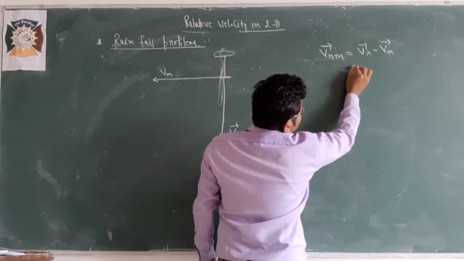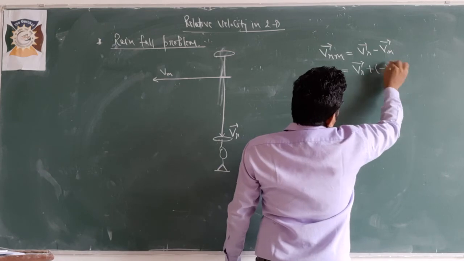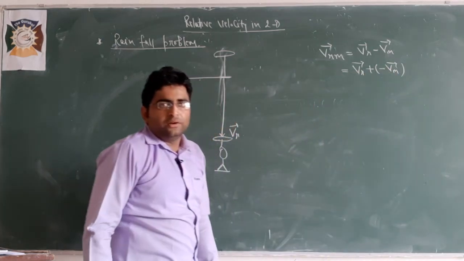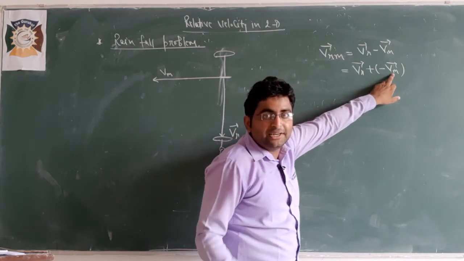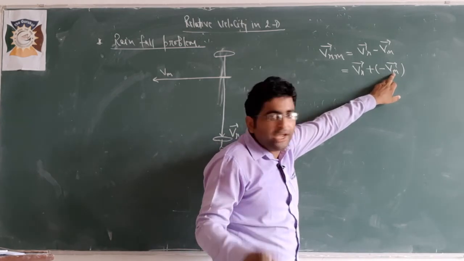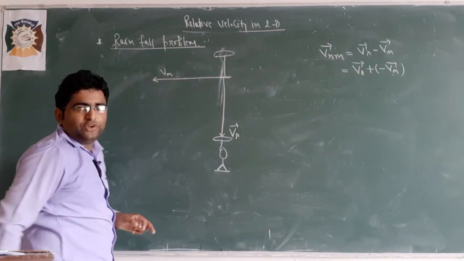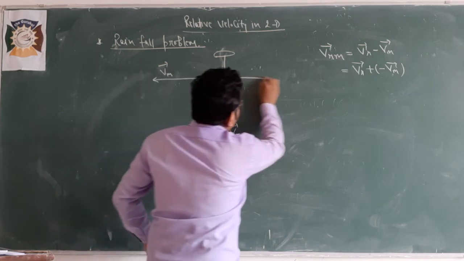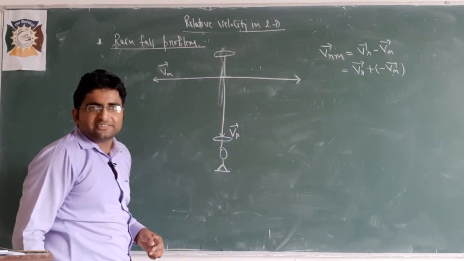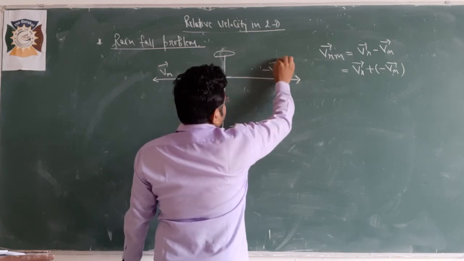So it can be written as VR plus with minus VM. So beta, it is a case of subtraction of vectors. So I have to add the negative of VM to VR. Okay beta? So it is VM. So beta, the negative of this vector is along the positive x direction.